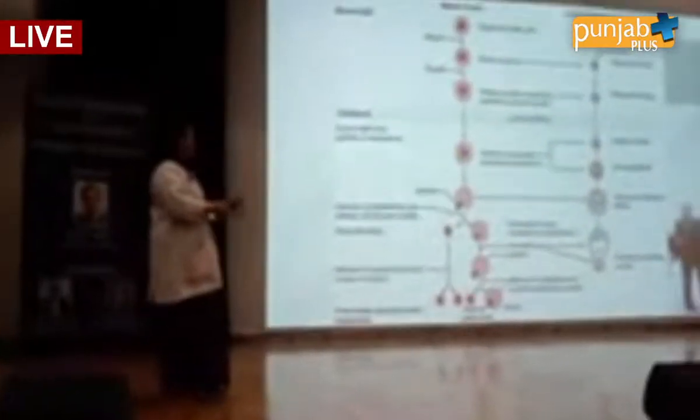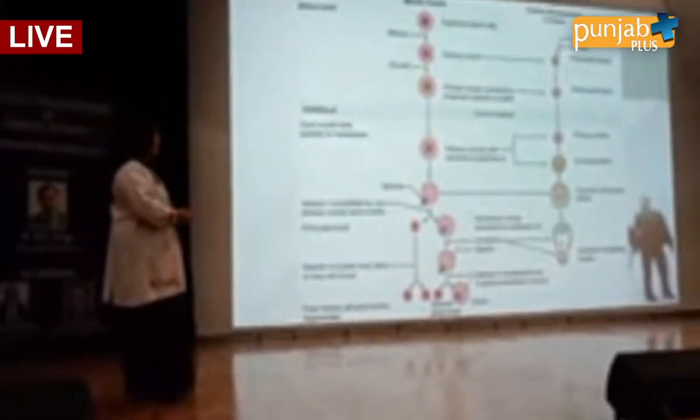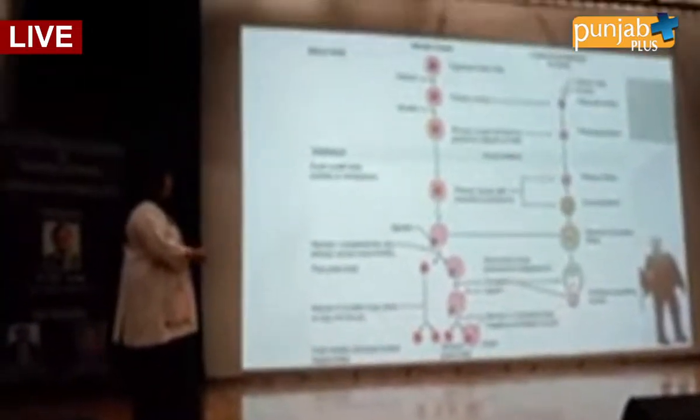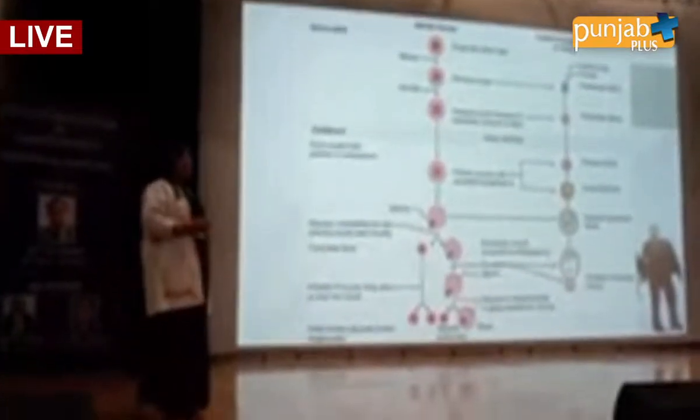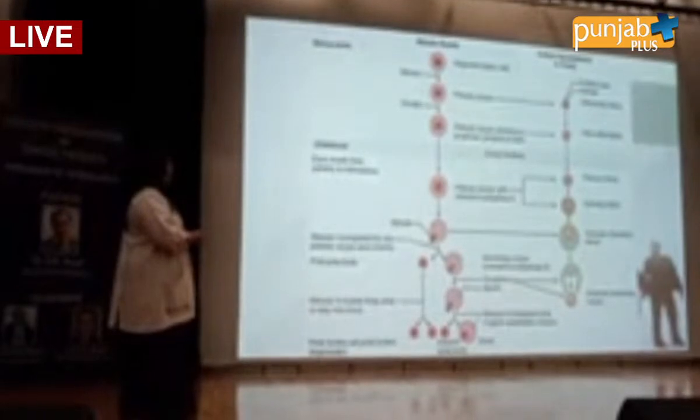So this is the secondary oocyte and the first polar body, and here the size of the follicle keeps increasing. At puberty, the primordial follicle is surrounded by flat cells, and these follicular cells become cuboidal or columnar, forming the growing primary follicle.